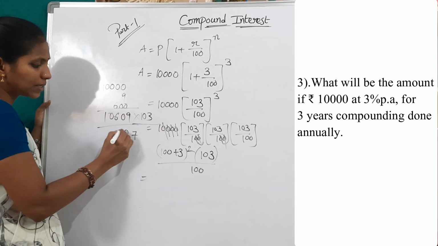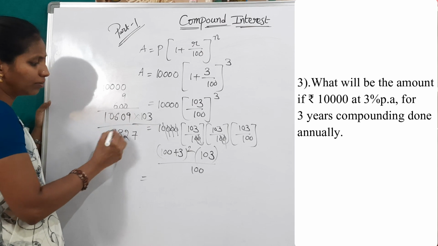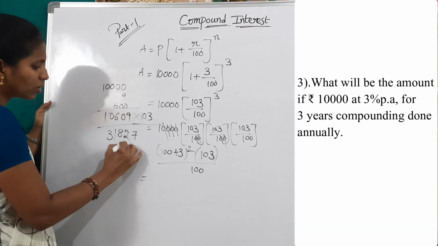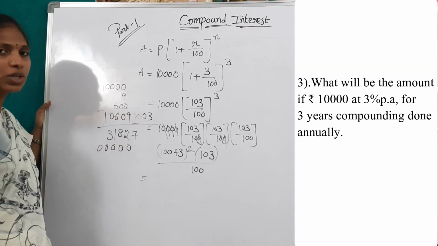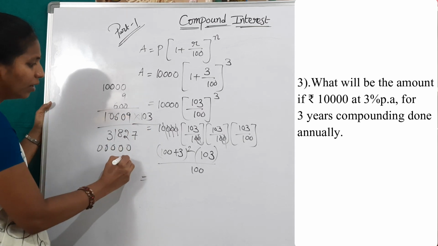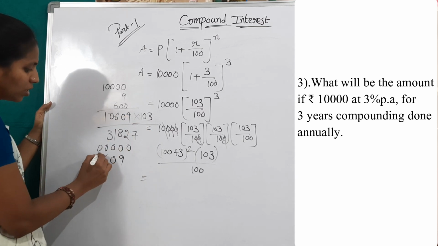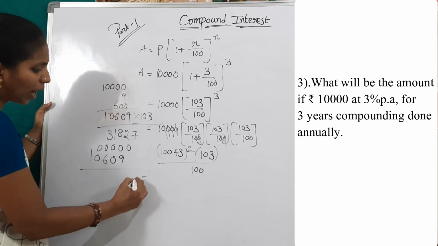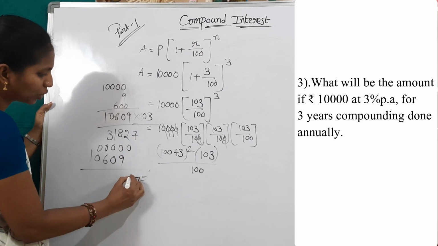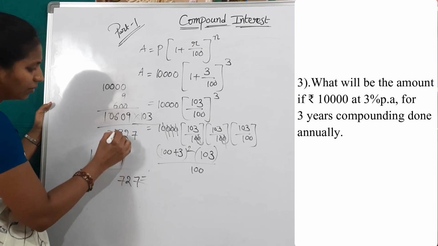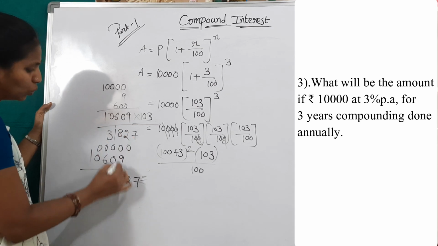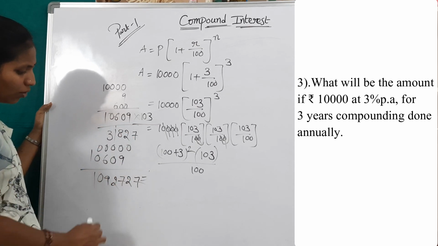And 3 into 6 is 18, 1. And 3. The next one, 0, 0, 0, 0, 0, again 0. Next one is 1. Then 9, 0, 6, 0, 1. Now add this: 7, 2, 17, 1, 2, then 9, 0, 1.